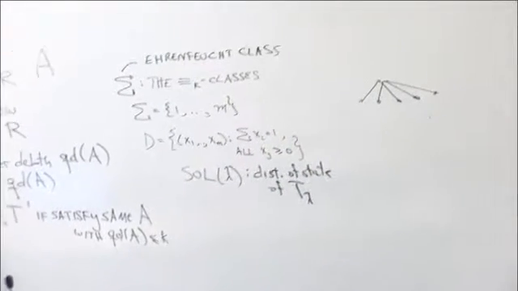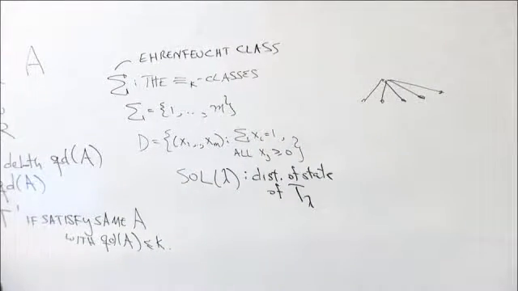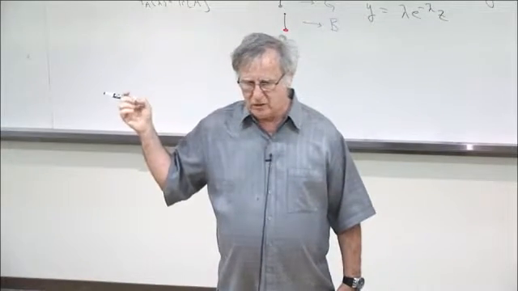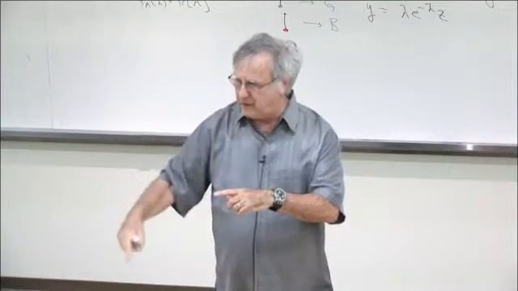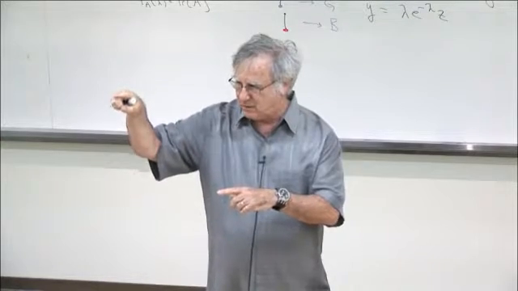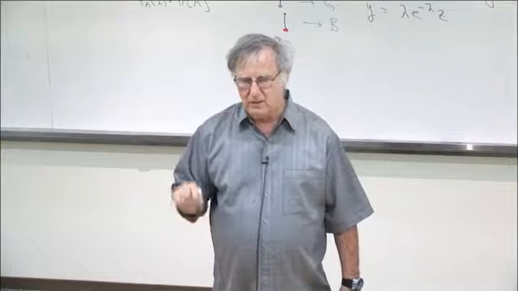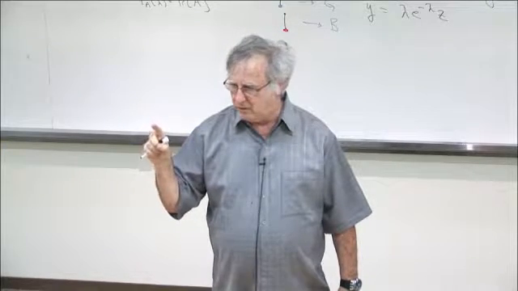I'll just state as a logic fact that if you have a node and it has a set of children and you know the Ehrenfeucht class for each of the children, that is to say for the tree starting with that child, then from that the Ehrenfeucht class of the original node is determined.